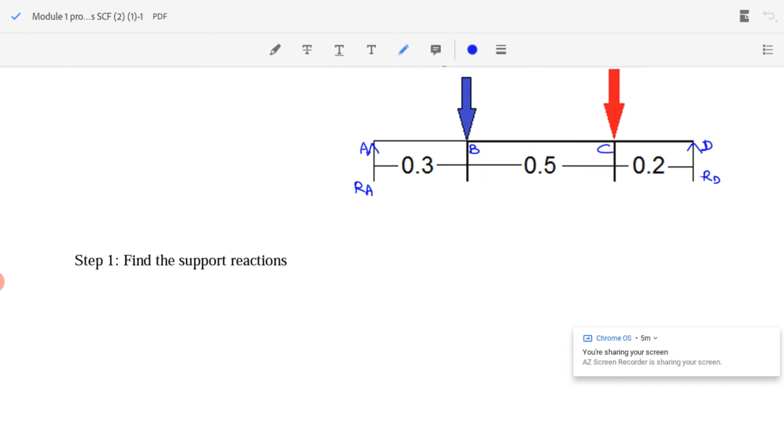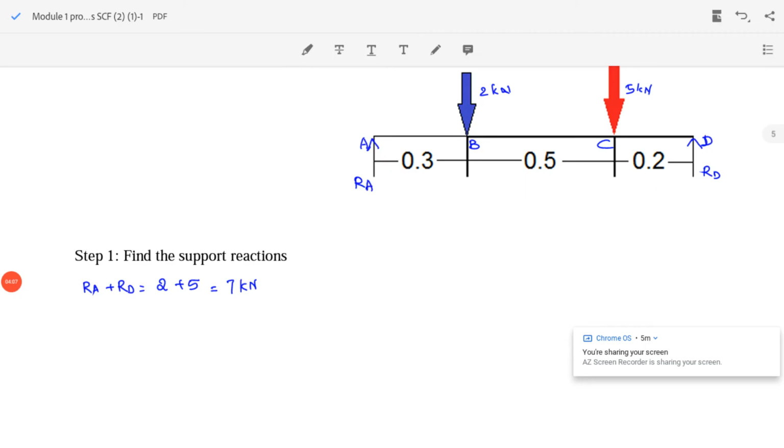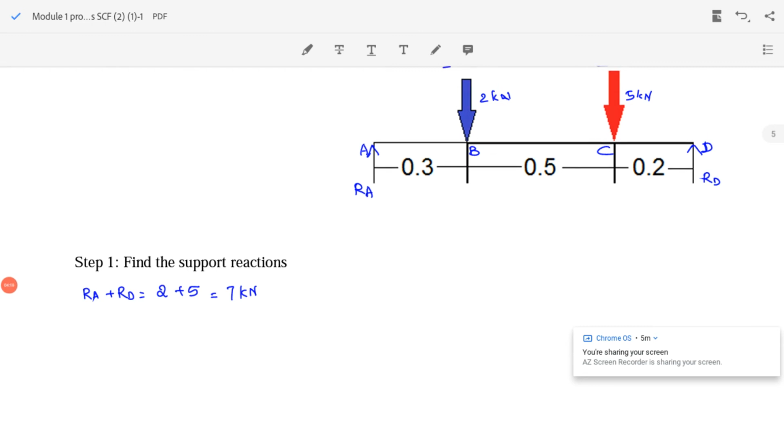To find the support reactions, first I will equate the vertical forces. So sum of upward forces RA plus RD equal to sum of downward forces, that is 2 kN plus 5 kN, which comes to a total of 7 kN. Now step 2 is to find the moments about any of the supports.